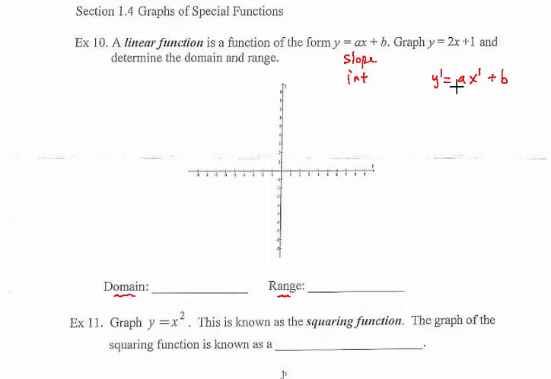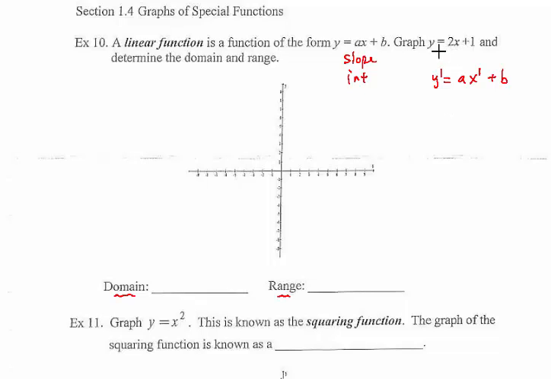A and b are just coefficients. Okay, they could be any number, positive, negative, rational, and so on. Any number you could think of, but y and x are the variables. So if you're given an equation and the exponents of the y and x are 1, then it is linear.